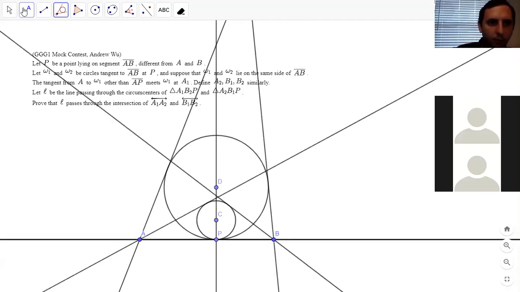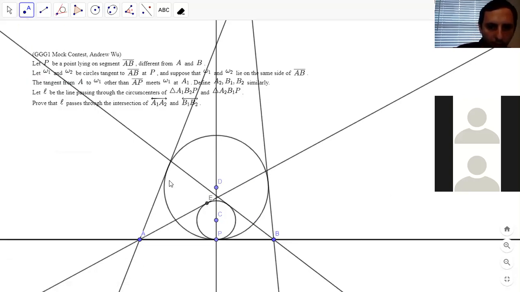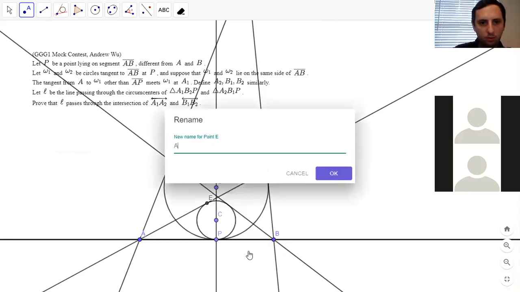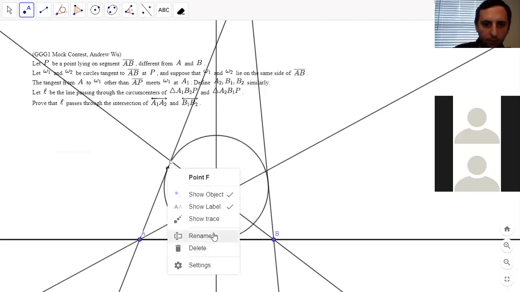And then we label the 4 points. So this is A1 and A2. And the others are B1 and B2.